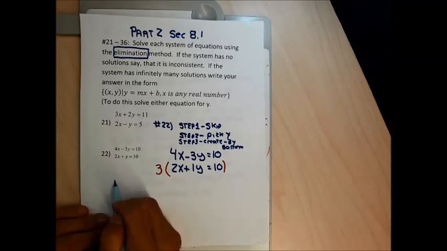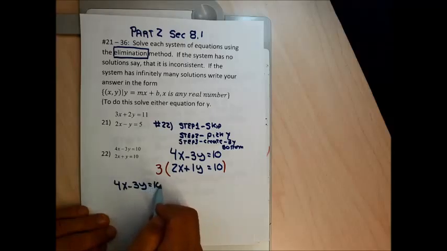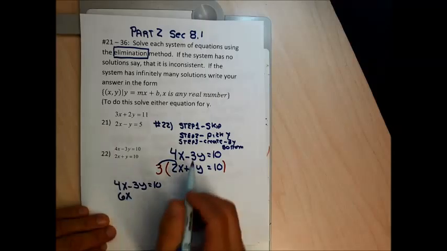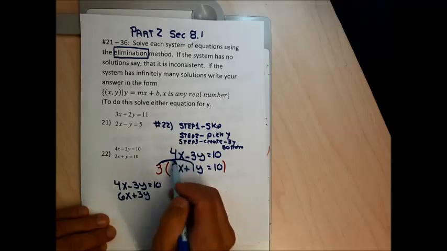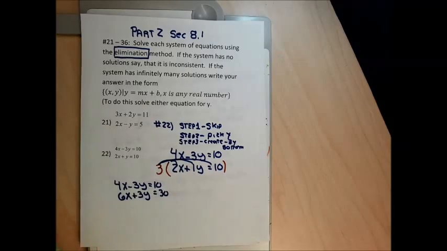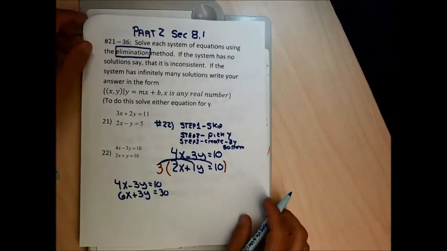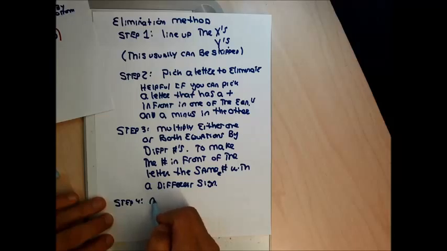I'm going to leave the top equation, 4x minus 3y equals 10, and now I'm going to go 3 times 2x is 6x, 3 times 1y is 3y, and 3 times 10 is 30. Done with my step 3, and I'm really done with the problem, although it might not feel like it. Moving on to step 4, add the equations, or combine the two equations.